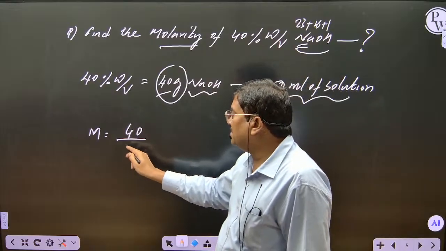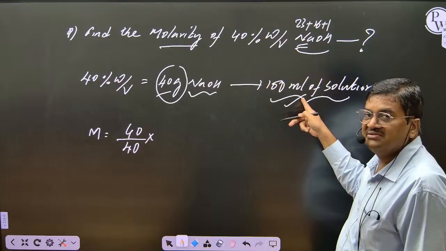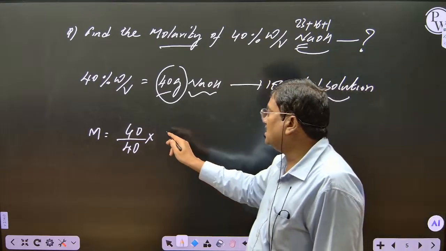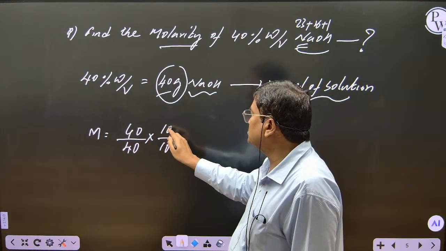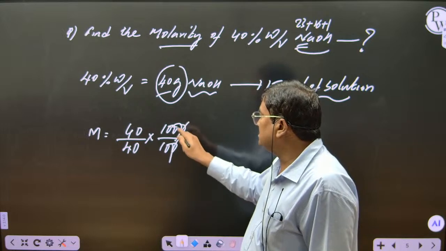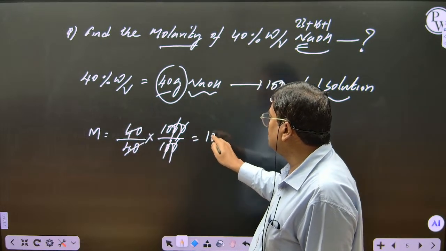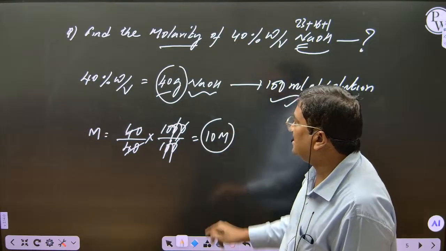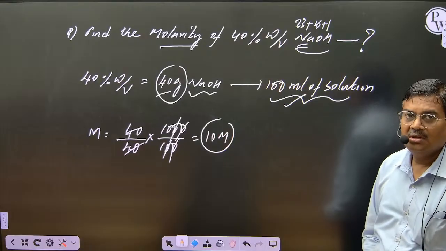So 40 upon 40 into volume. Volume is not given in liter, it is given in milliliter. So I have to convert this, 100 by 1000, 1000 goes to the numerator. Then these two zeros get cancelled. 40, 40 get cancelled. So what should be the molarity? 10 molar. It is a decamolar, we say. Understood, students?